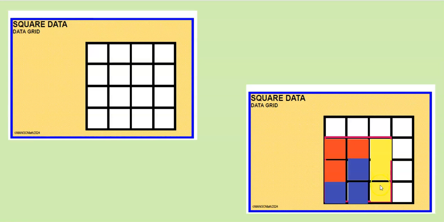If they are like this and they are touching on the corners, this doesn't work. You cannot have 2 of the same color only touching on the corners. They have to be touching on the sides. So the students cannot create a grid with their colors that looks like this.